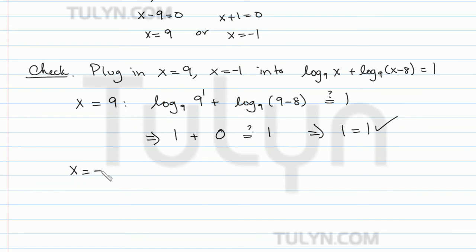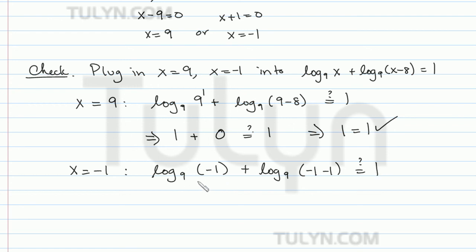So now let's try x equals negative 1. So we want to try log base 9 of negative 1 plus log base 9 of negative 1 minus 8 to see if that's equal to 1.